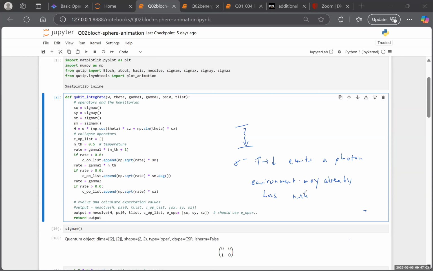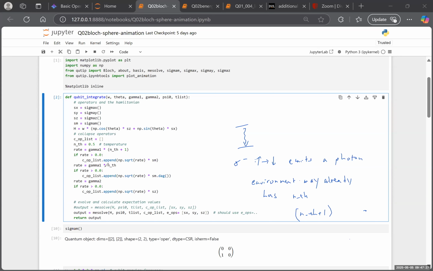If the environment already has photons, this would not be spontaneous emission. This will be stimulated, in the sense there's already a photon there. And so therefore the rate would be proportional to this. So this is why you have this.